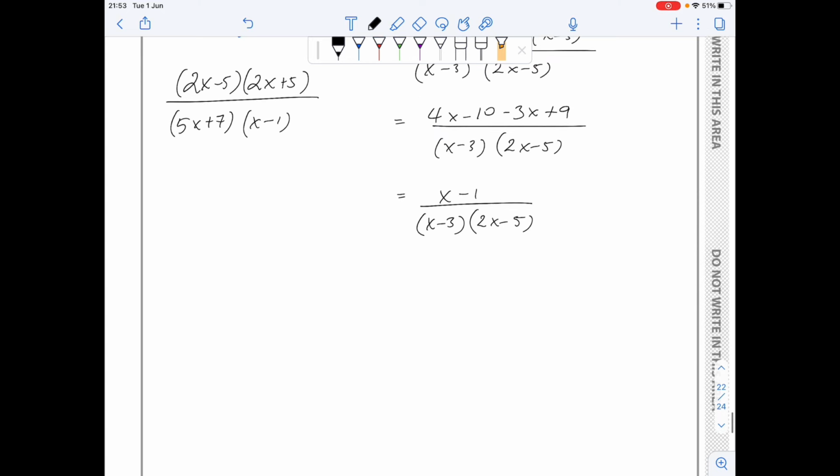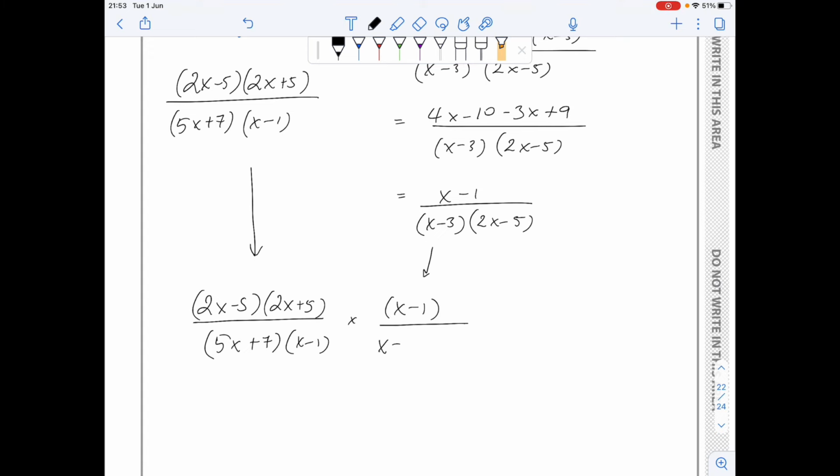So now I can proceed and multiply the two fractions. So let me rewrite them down, times (x - 1) over (x - 3)(2x - 5). So I can cancel out the brackets that are the same.